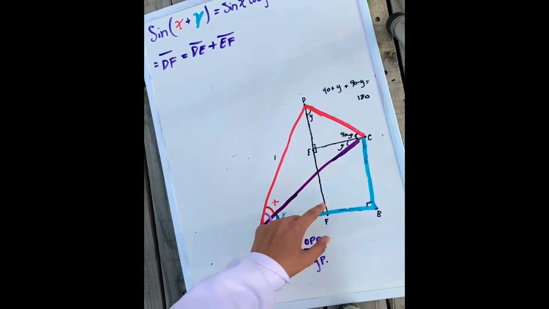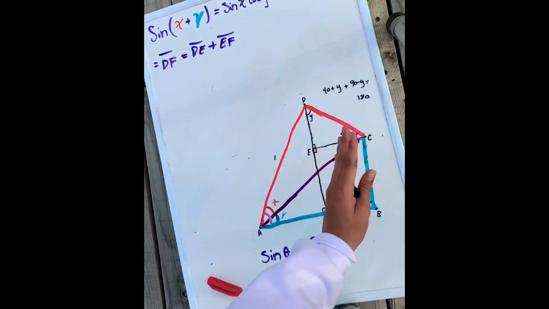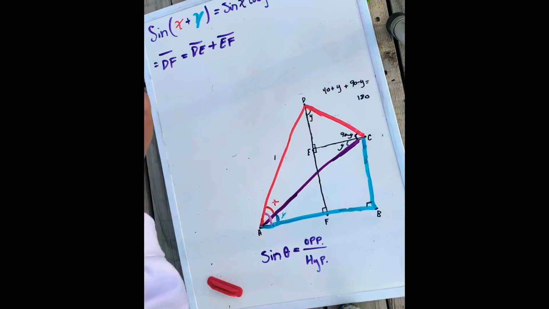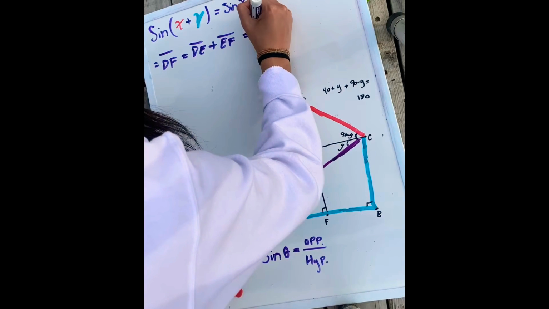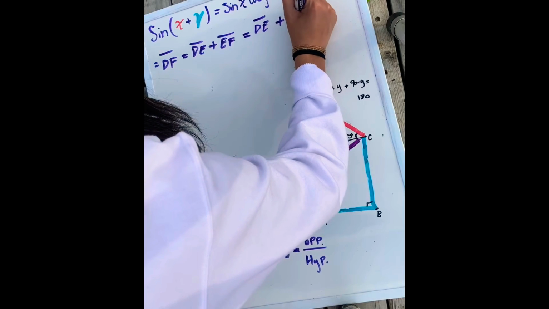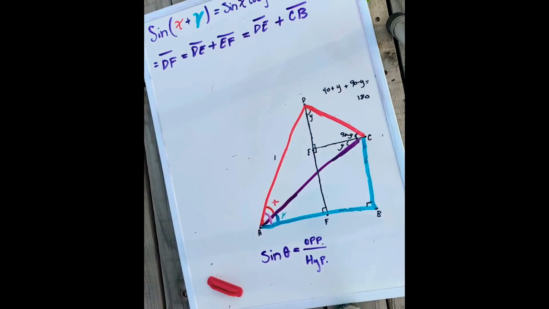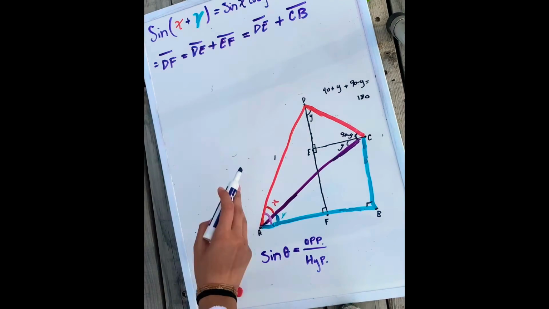Now, EF and CB are part of a rectangle, so they're exactly equal. So I'm just going to say that segment DE plus segment CB are equal to DF, and therefore equal to sine of x plus y.